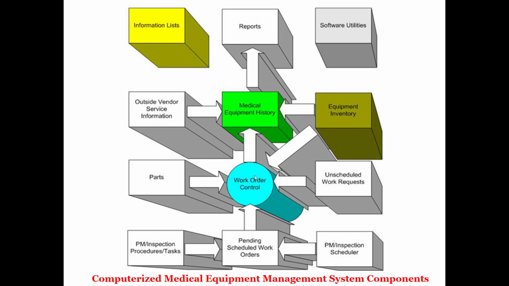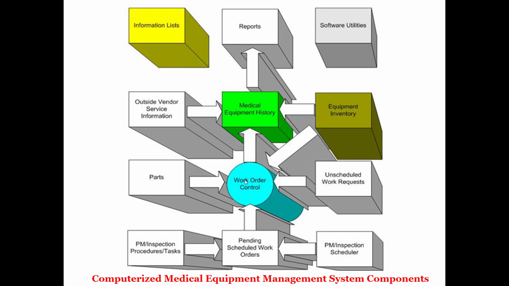The work orders for the in-house services will be generated. We have two types of work orders. We have unscheduled work orders due to unscheduled work requests, and we have pending scheduled work orders generated by the PM scheduler of the computerized medical equipment management system.